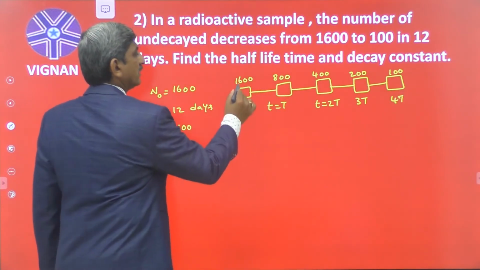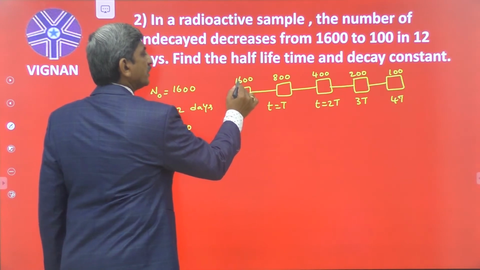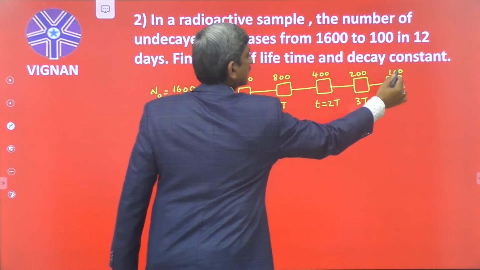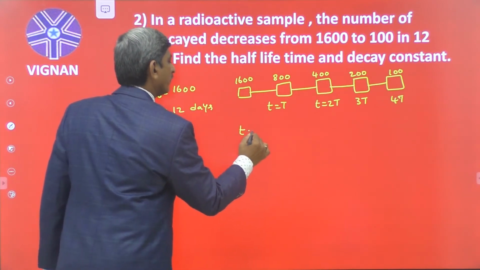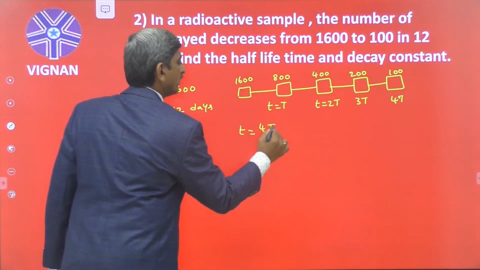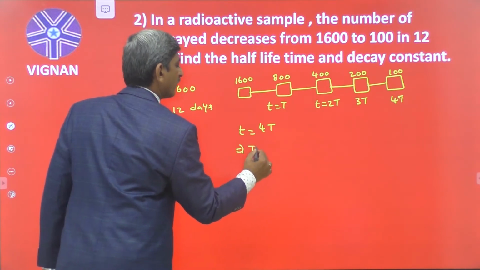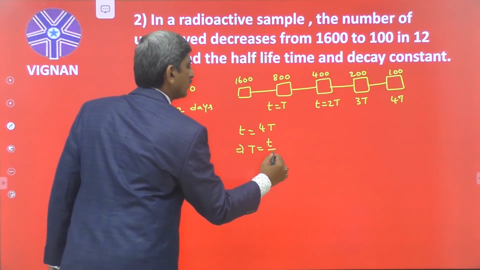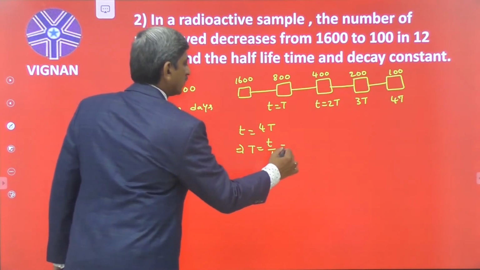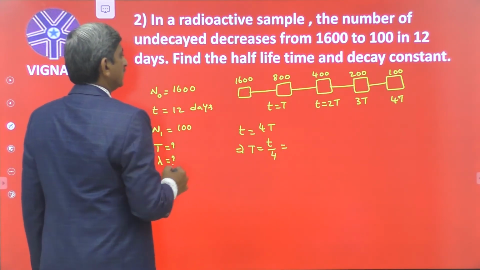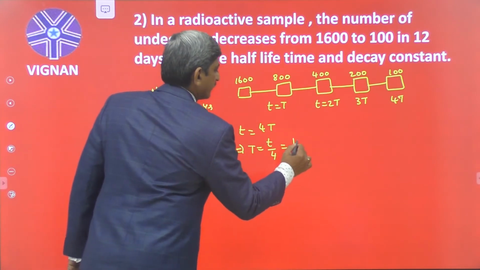That's why the total number of nuclei 1600 becomes 100 nuclei after a time t is equal to 4 half lives. From this, the half lifetime is equal to total time divided by 4. Here, the total time is given as 12 days.